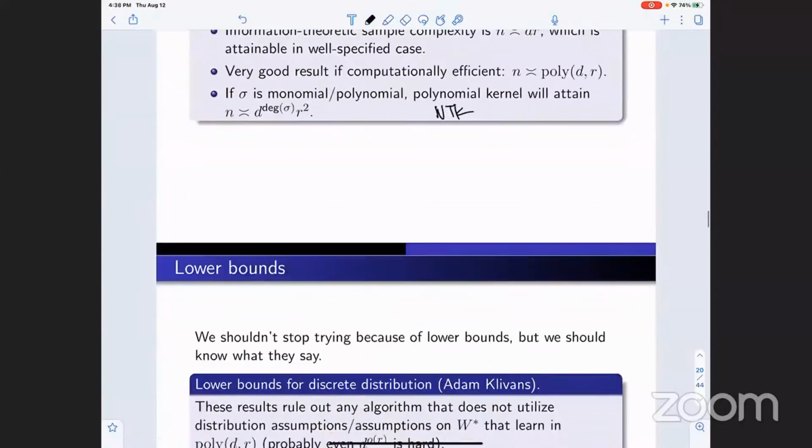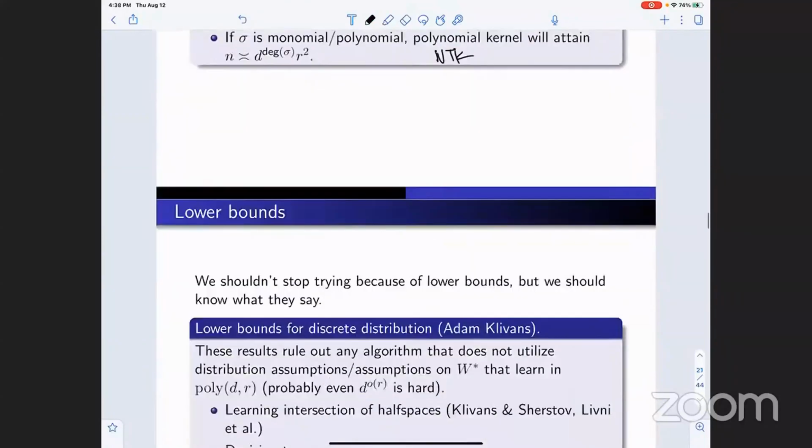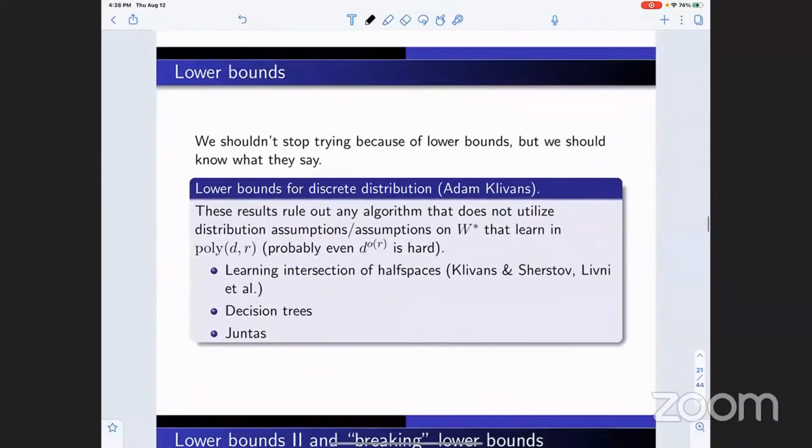Okay, but then let's look at what is known from the lower bounds side of things. So there are a lot of lower bounds for discrete distributions. These results rule out any algorithm that does not use distributional assumptions or assumptions on W star that learns in poly d r, and probably even d to the little o of r is hard.